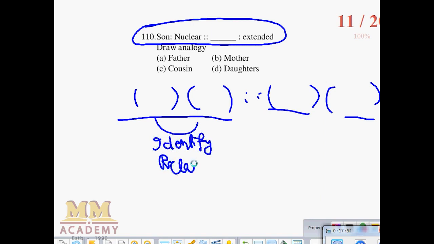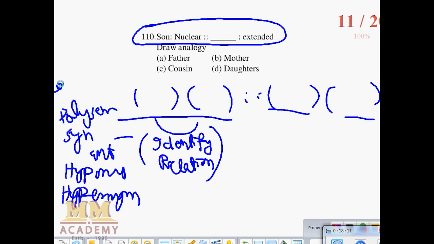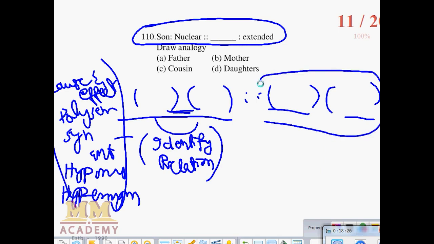This relation can be synonym, antonym, hyponym, hypernym, polysemic relation, cause and effect relation, and there are many other relations that you can get, right? So, the relation that you identify here, you have to implement the same relation over here, right?